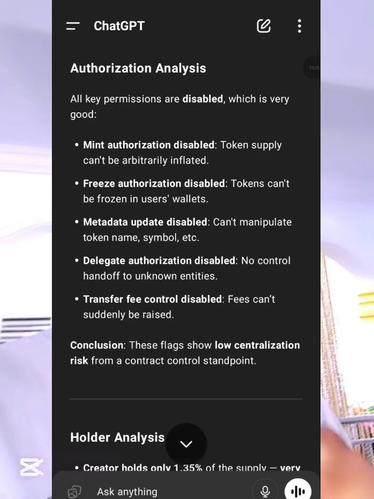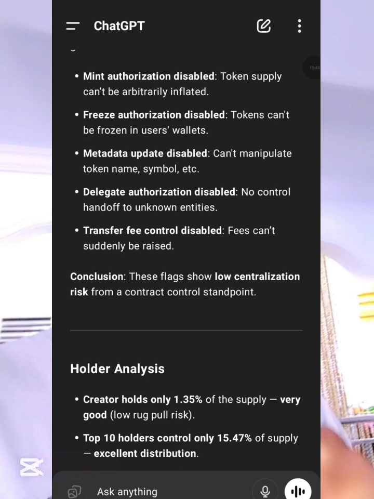Mint authorization disabled: token supply cannot be arbitrarily inflated. Freeze authorization disabled: that is, the token cannot be frozen in a user's wallet. I have said that in that place. Metadata update disabled: that means the developer cannot manipulate token names, symbol, and so on.